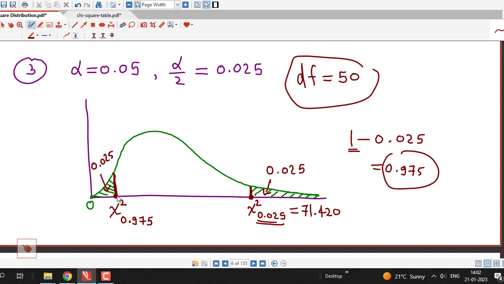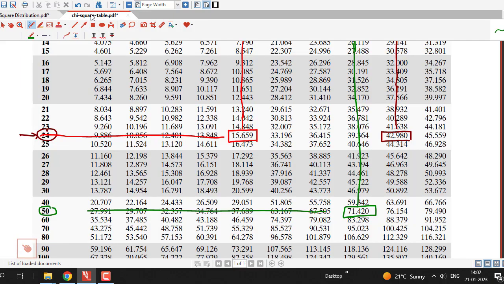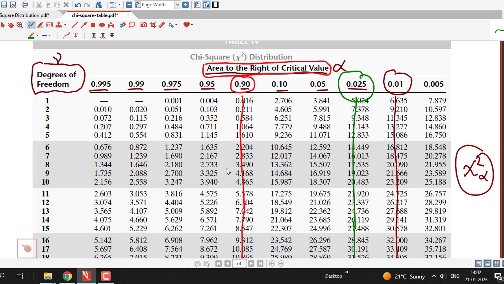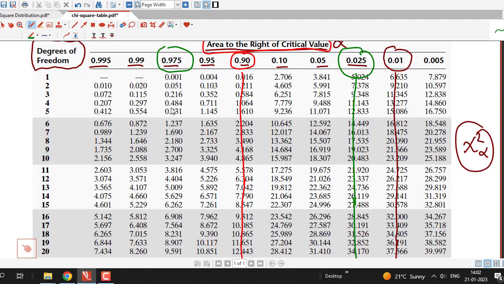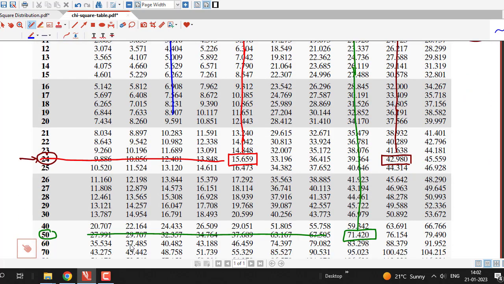So this is 71.420. Similarly, this I can decide by considering alpha equal to 0.975 and 50 degrees of freedom. So now I search under this column heading 0.975, and I have to go down for 50 degrees of freedom. So I am going down in this column until I obtain 50 degrees of freedom.